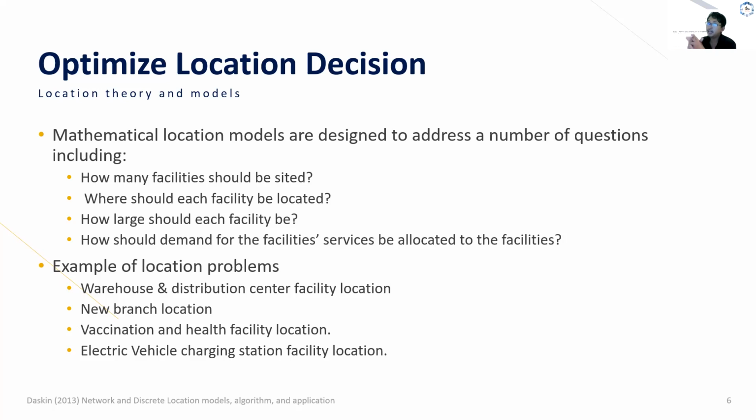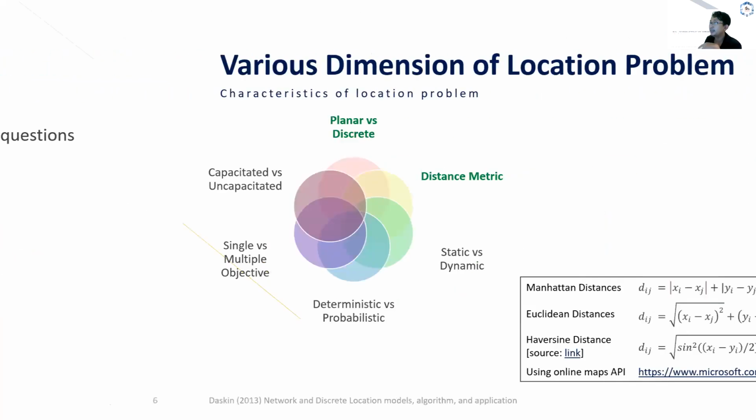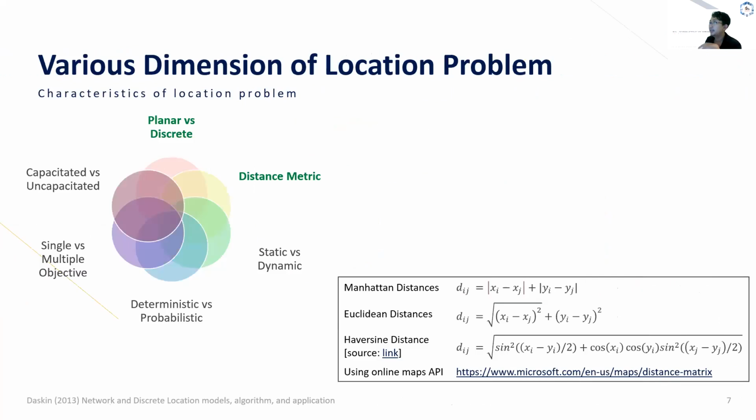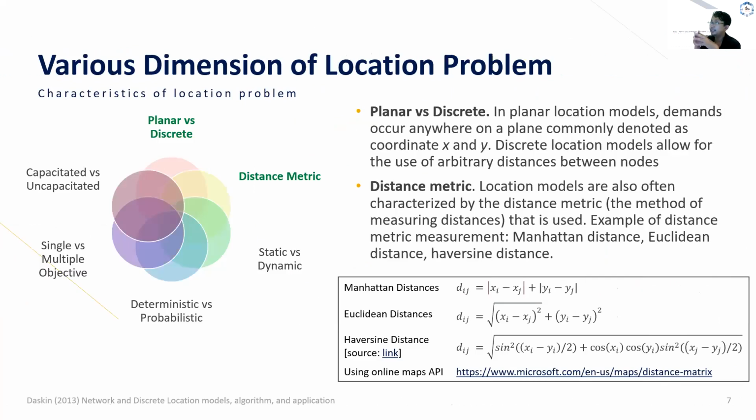Okay, those are the introduction to what we will learn, I think, next week, on how to model the optimization of location decisions. And in particular, when you address location problems, we classify those types of decisions as location problems.